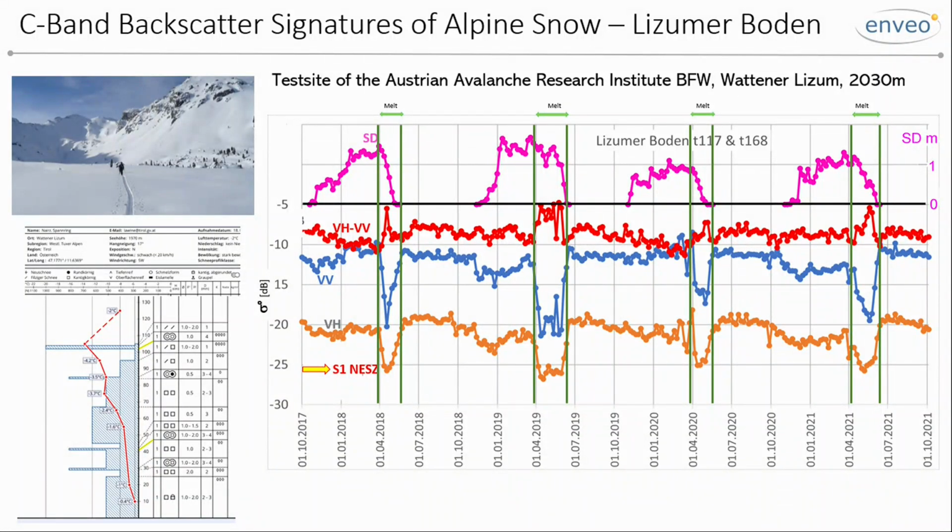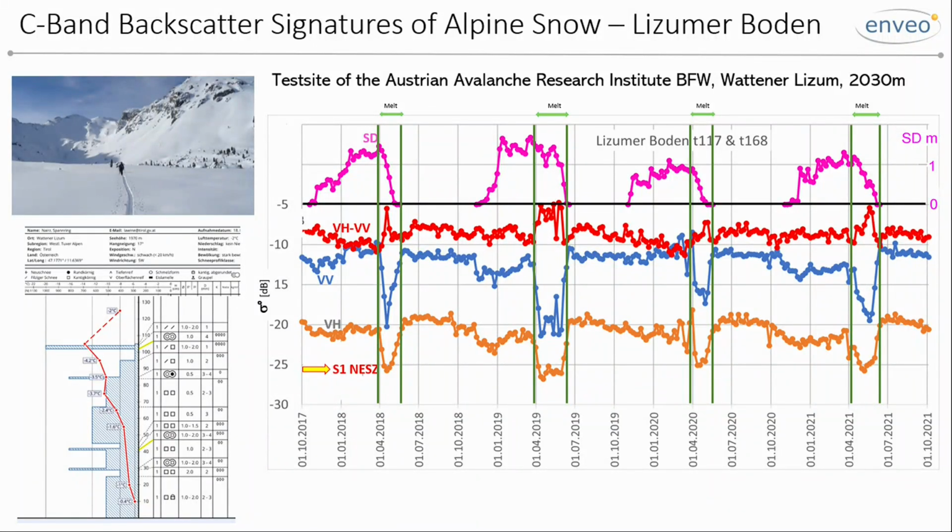Then we have a dense time series of Sentinel-1 images every 6 days, observed from different directions, ascending and descending tracks, at the typical incidence angle, and calibrated to sigma naught. You see in orange the VH, which is rather low, then the VV in blue, and the difference between VH and VV is the red curve.